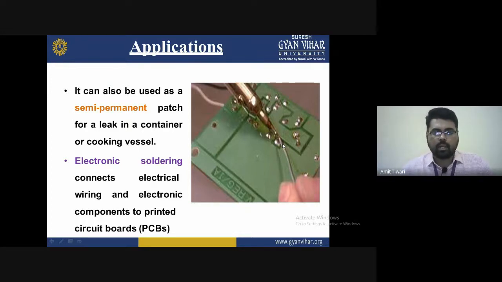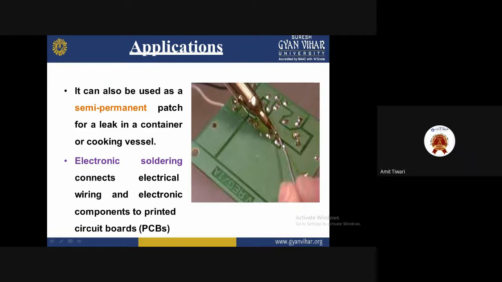Electronic soldering connects electrical wiring and electronic components to the printed circuit board, PCB.